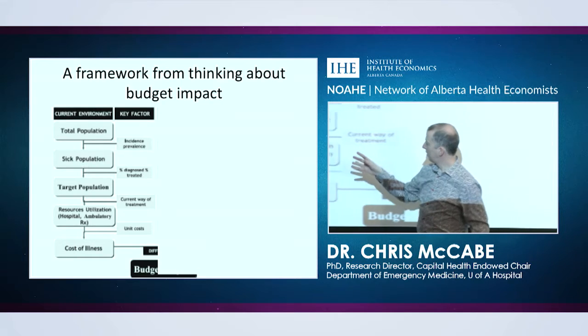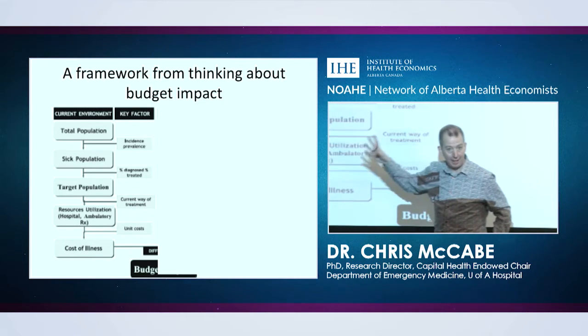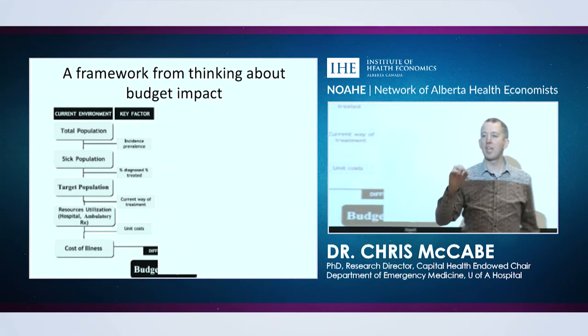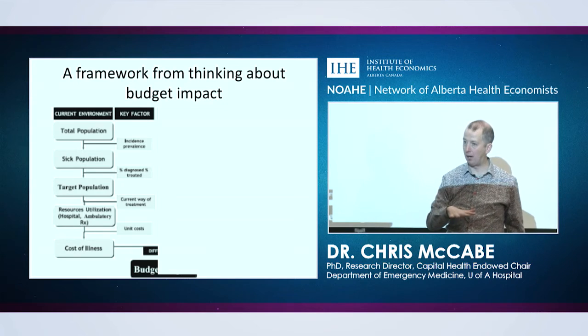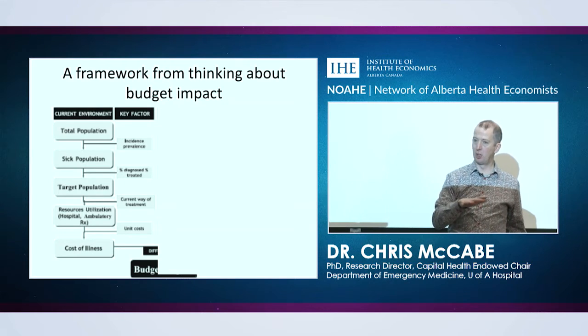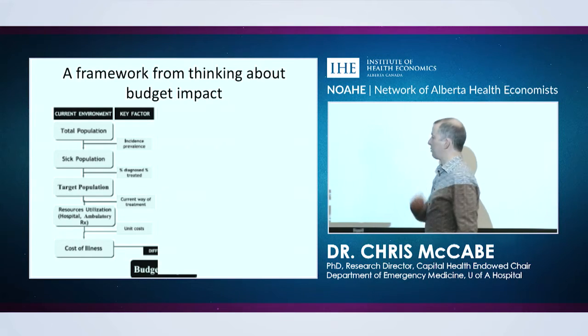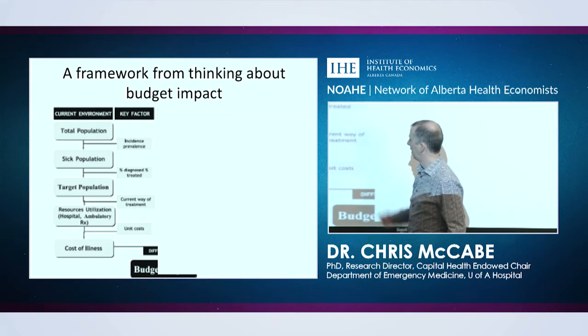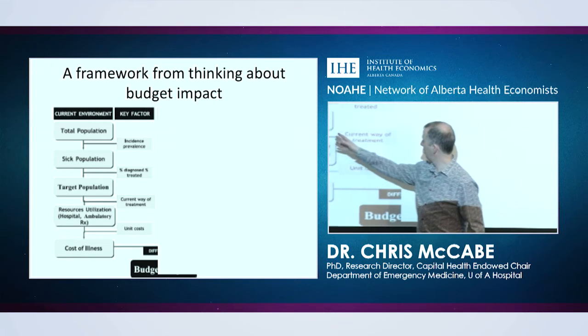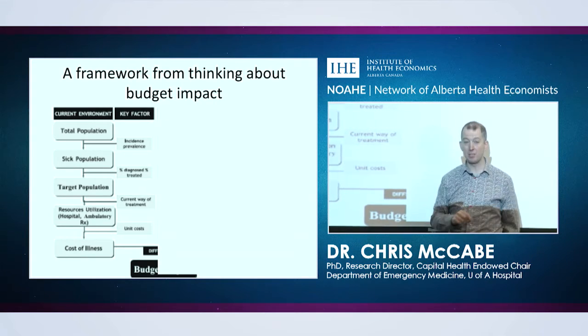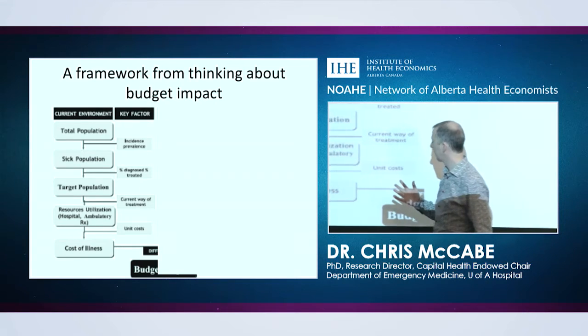So we actually need a much more detailed and granular understanding of what's happening in practice now in order to get a robust baseline from which we can capture the expected budget impact. So we really need to understand how we currently treat them, and it's not likely to be just one way.